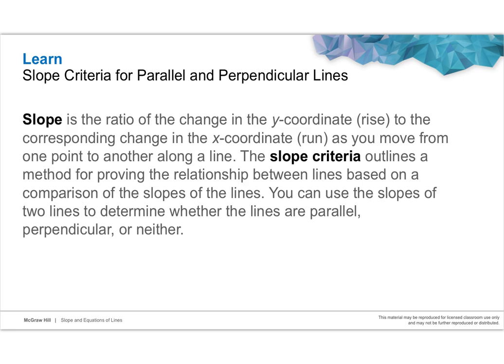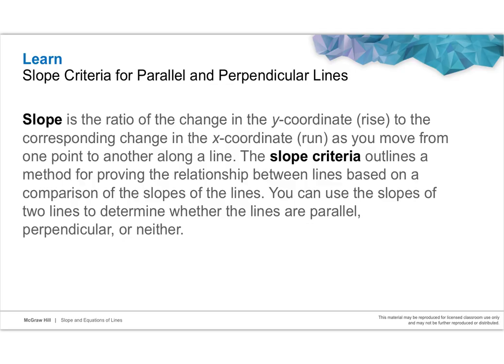All right, so to use slope as a criteria for determining parallel and perpendicular lines, we first of all need to review a little bit from Algebra 1 of what slope is. Slope is, as we remember, the ratio of the change in the y-coordinate, we call that the rise, to the corresponding change in the x-coordinate, and we call that the run. So rise over run.